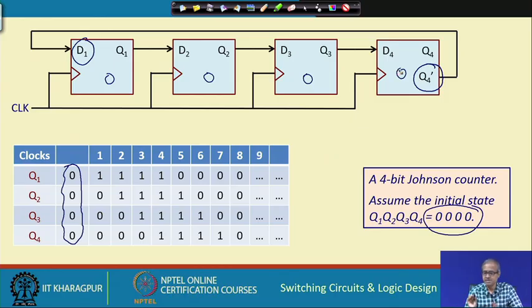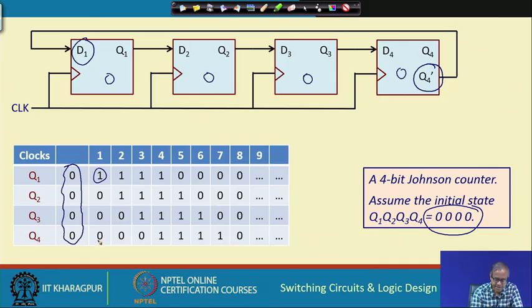The only thing to remember is that the complement of the last bit will be fed to the first bit D 1. After one clock pulse, Q 4 was 0, so 1 was fed back. This will become 1, and the other zeros will be shifted, 1 0 0 0.